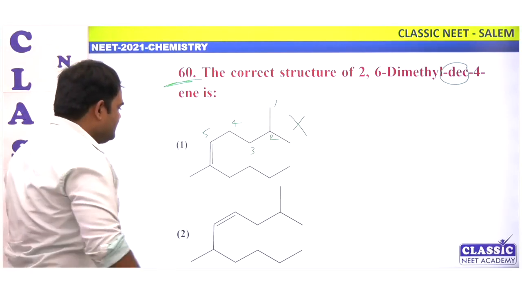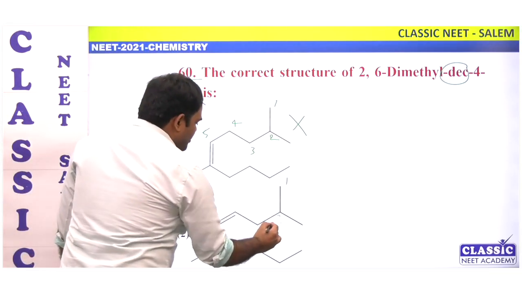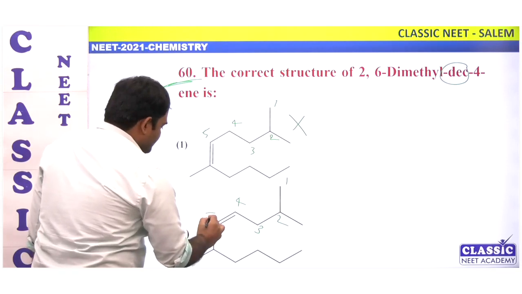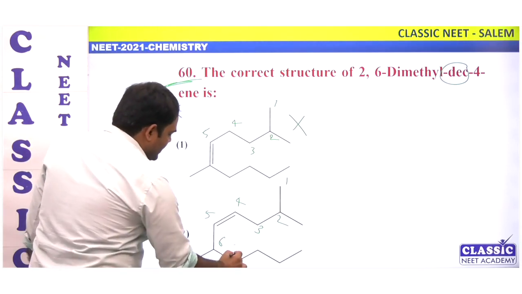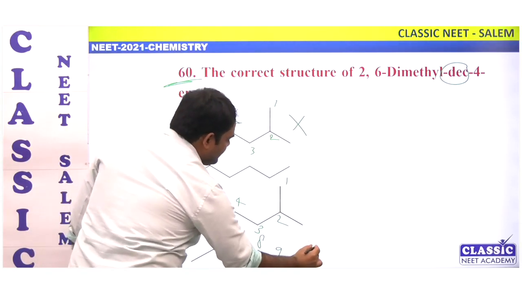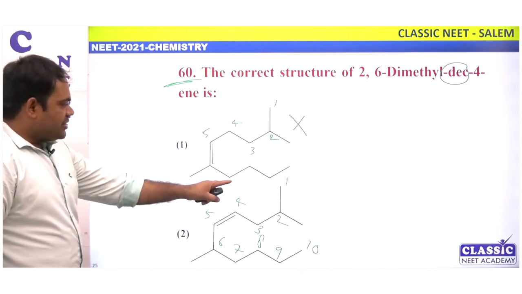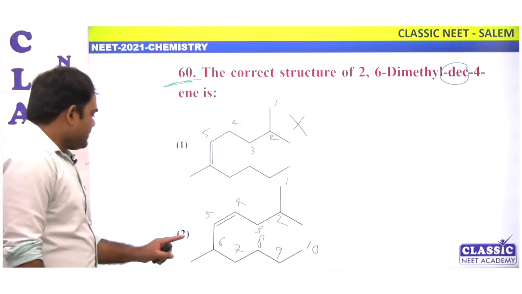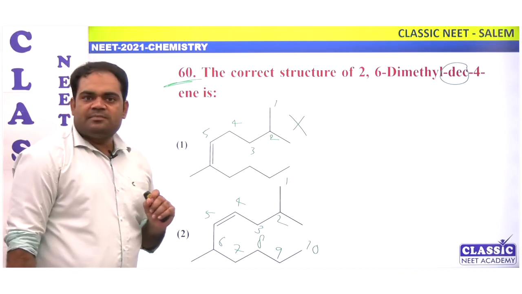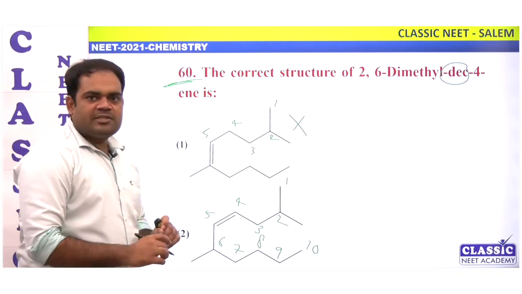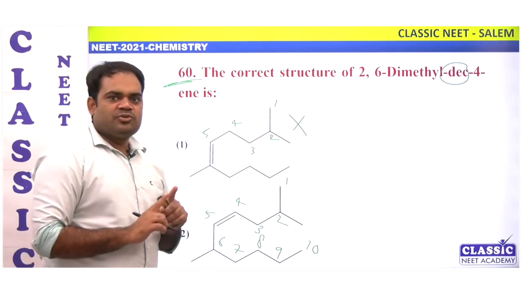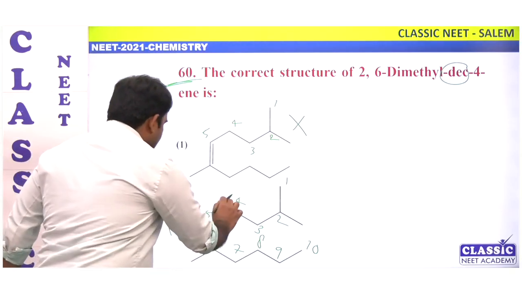A double bond is present. Here 1, 2, 3, 4, 5, 6, 7, 8, 9, 10. So the second position is methyl and the sixth position also methyl and at the fourth position the double bond is present. So which one is the correct answer? The second one.